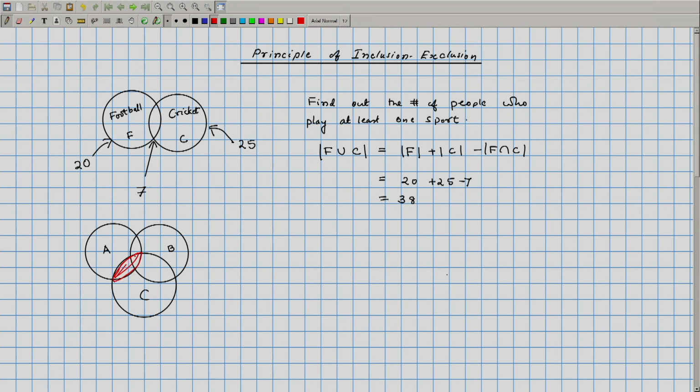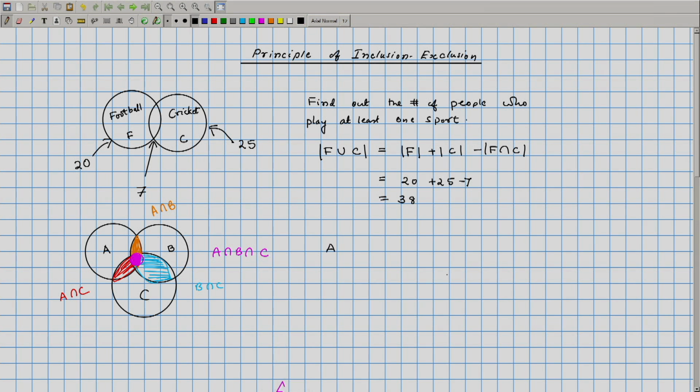The red region is A intersection C, the orange region is A intersection B, the blue region is B intersection C, and the middle region is going to be A intersection B intersection C.